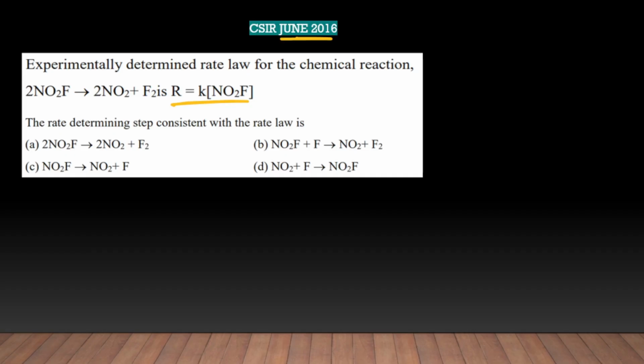So the rate determining step, rate has been written in terms of that only as per your rate law. So it is involving NO2 raised to the power of 1 only. So that is given to us in option C in this case, right? In the others, in the first one, it was raised to some stoichiometry. In B and D, some other terms are included with it. So C is the answer for this one.